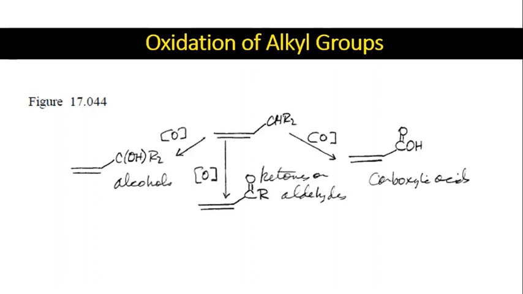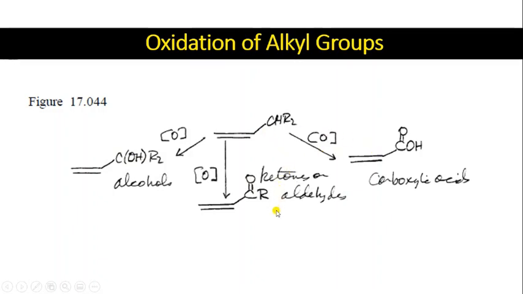So we see that in certain reactions where we have some side chain that is feasible for oxidation, it will undergo the oxidation process. In this reaction, you can see that if we have the alkyl group attached to the double bond, there are two possibilities. Either this will be partially oxidized or it will be completely oxidized.